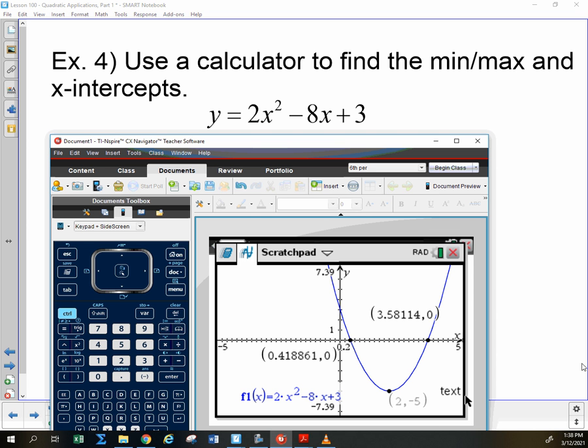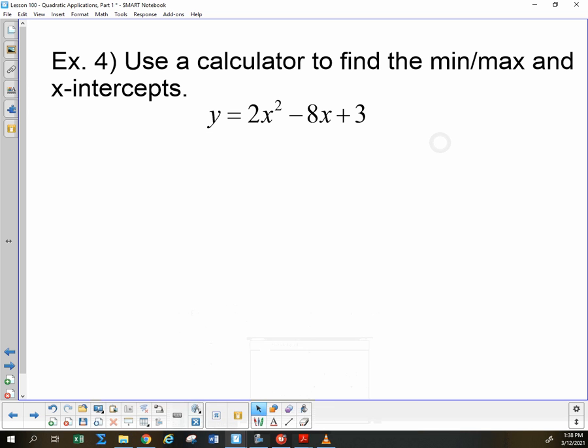So let's get all of this written down on our graph. Let's see, we need to round those to 0.419, since the 8 followed by another 8 rounds up to 419, and 3.581. And again, the minimum, the vertex was (2, -5). So here is our little sketch for that.